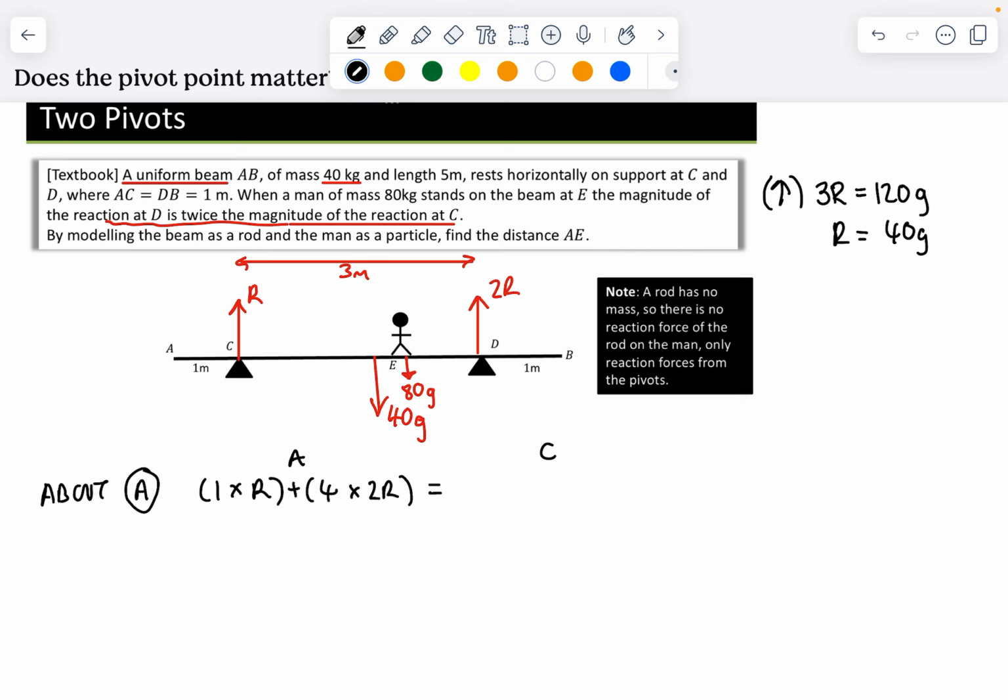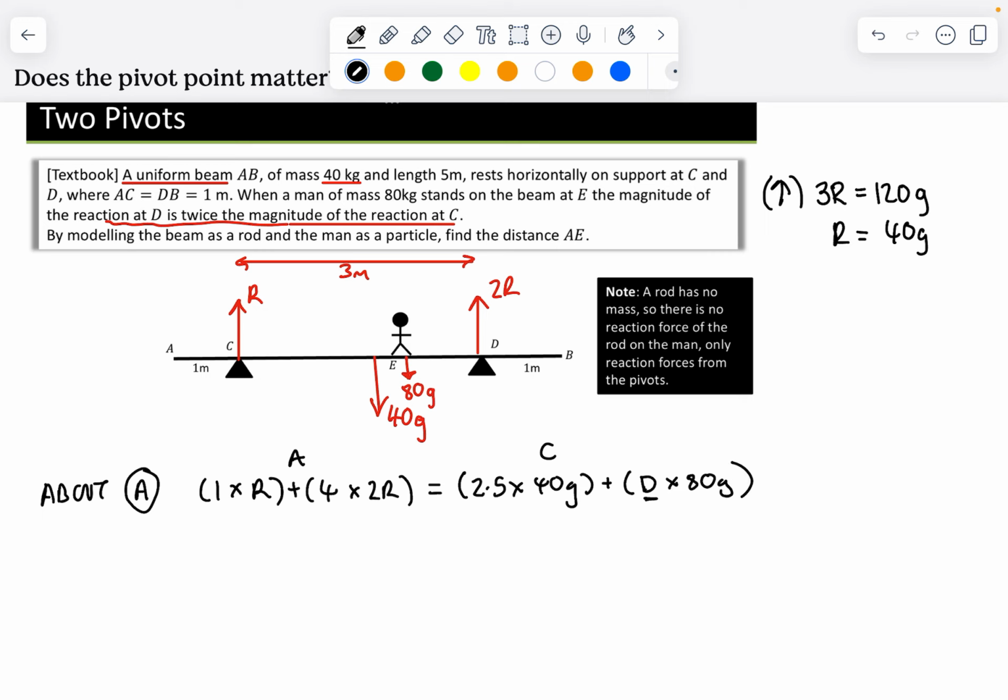And in the clockwise direction, I've got the weight vector, which is in the middle of my 5 meter beam. So that's 2.5 times 40g. And then I've got my man standing on the beam, who's at an unspecified location. So we're going to call D for distance. We're going to multiply that by his weight, which is 80g. So that's all my forces.